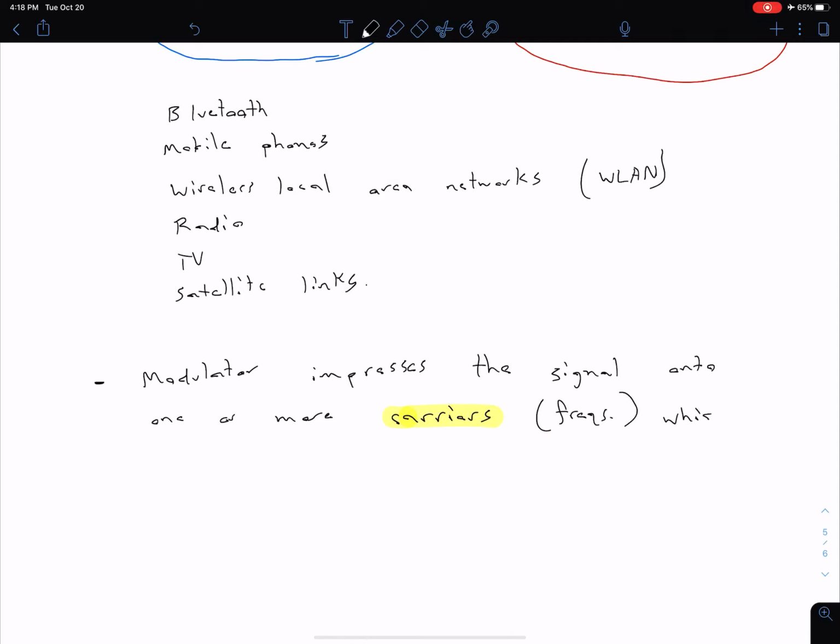The signals which have been impressed on these frequencies are then amplified by that transmitter amplifier and then broadcast by our antenna. So, amplified and broadcast. The key part here, the modulator impressing the signal on carriers, is something that you look at in your communication class in ENG 311.